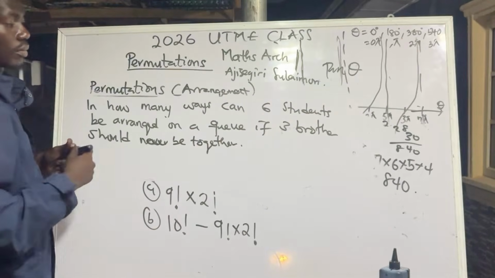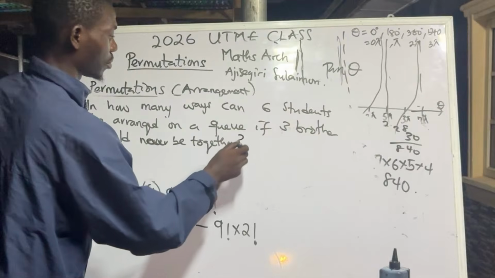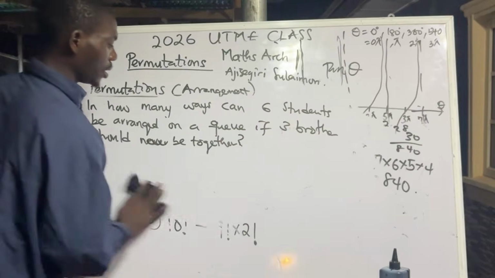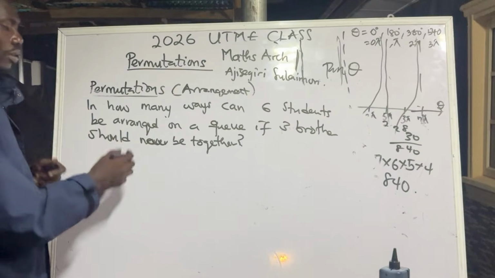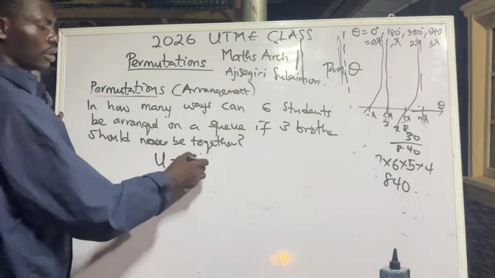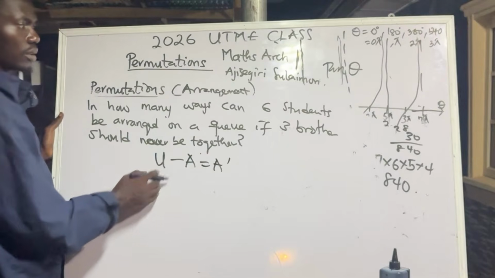That's 4 factorial. So we have how many students? 6 students. Since they said never be together, that means not together. Now we use the concept of U minus A equals what? A prime.